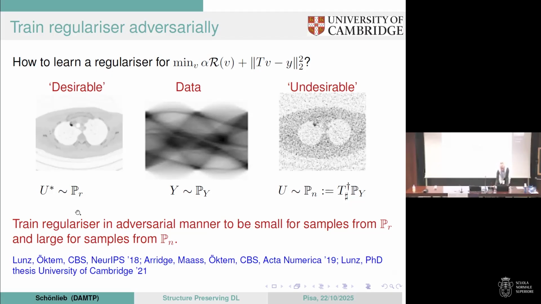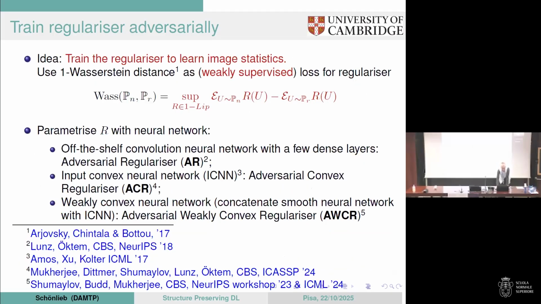And so if you train it as a classifier in this variational context, it means that if R is fed with desirable examples, it should be small. And if it's fed with undesirable examples, it should be large. And this also explains the objective that we have used, which is exactly the one Wasserstein distance, which has different motivations.